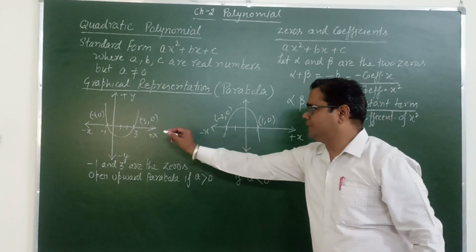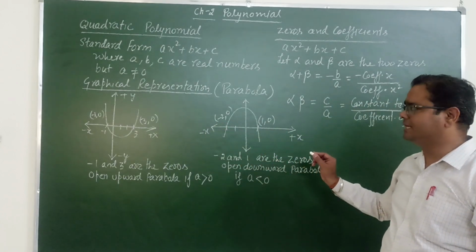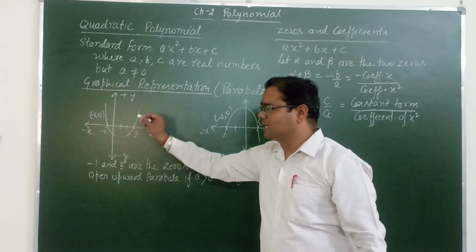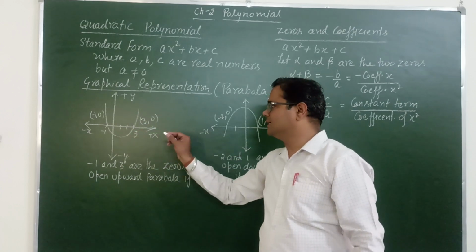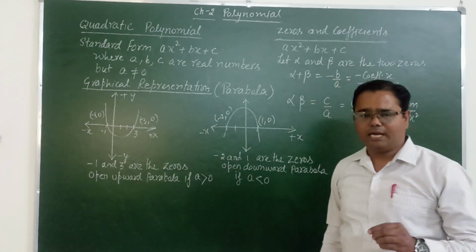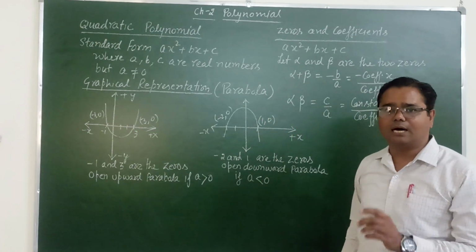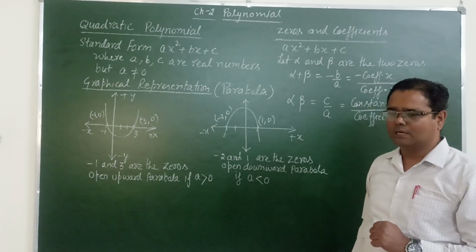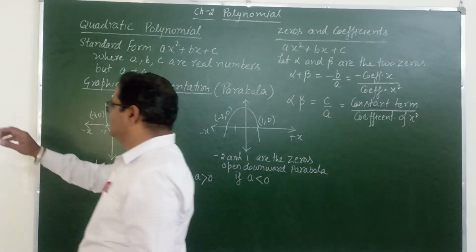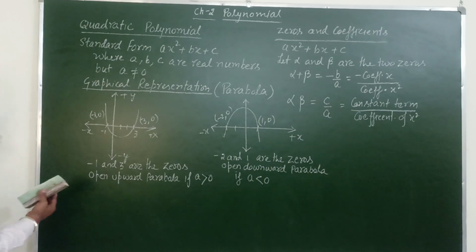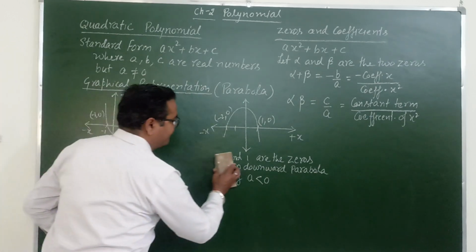In the graphical representation, the shape is a parabola, where the graph intersects the x-axis. The abscissas of these coordinates are the zeros of the parabola. So now let's make a quadratic polynomial when the zeros are given.